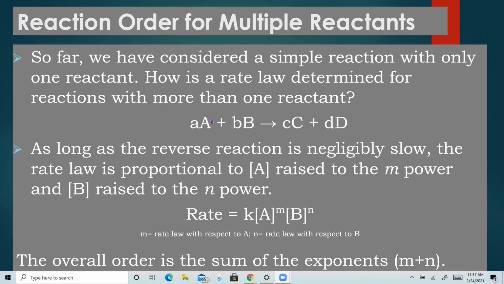So we're seeing how to write our rate law here. Now, as long as the reverse reaction is negligibly slow, the rate law is proportional to [A] raised to the power m and [B].